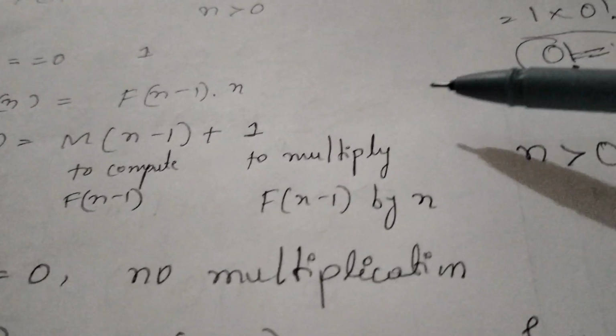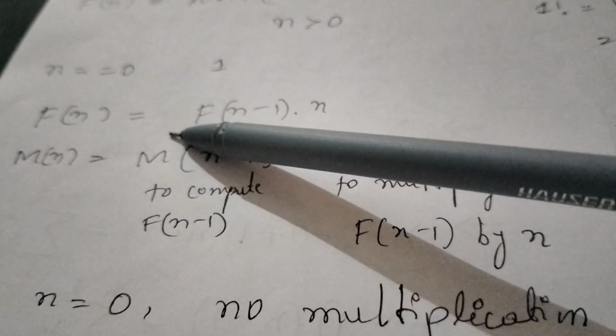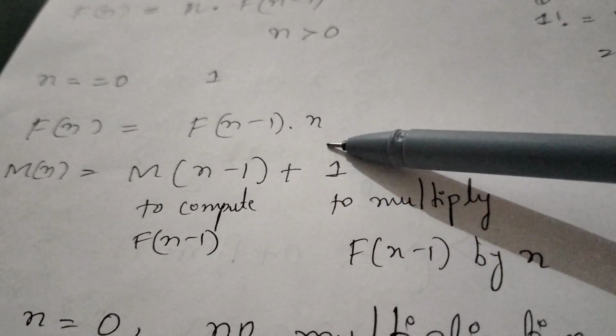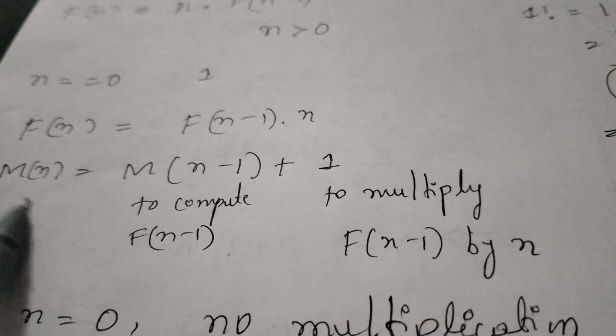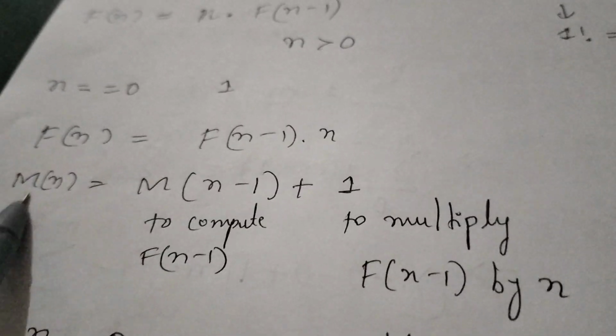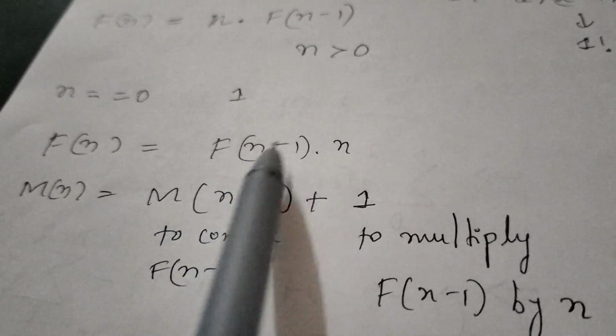Using these two conditions, we can now write it this way: f of n is equal to f of n minus 1 into n. That can be converted like this: instead of f of n, I am using m of n, which is equal to m of n minus 1 plus 1.